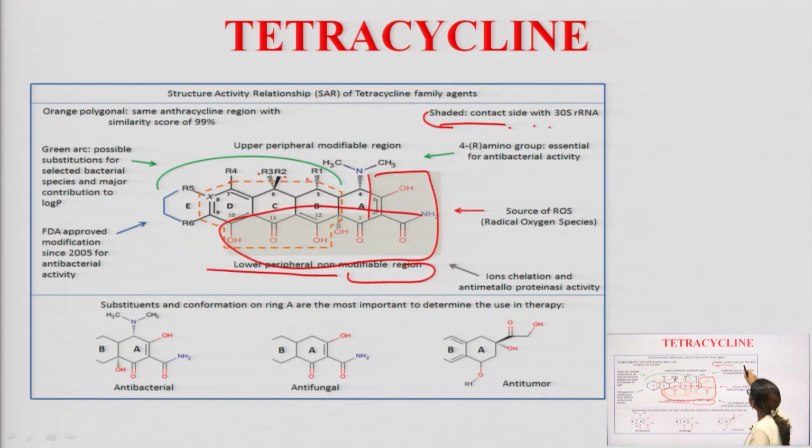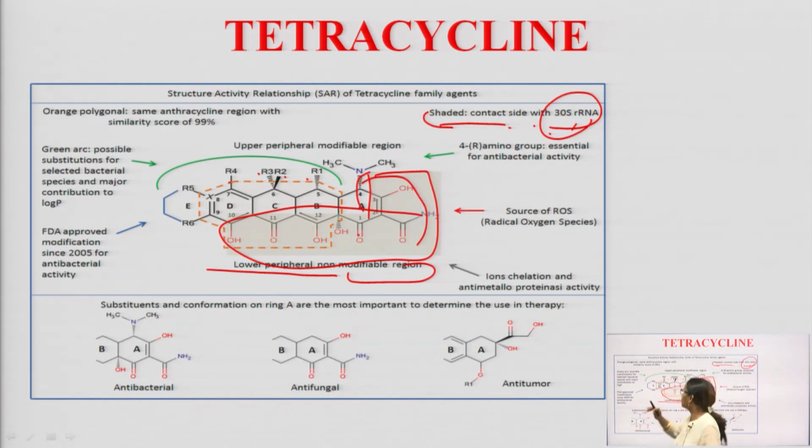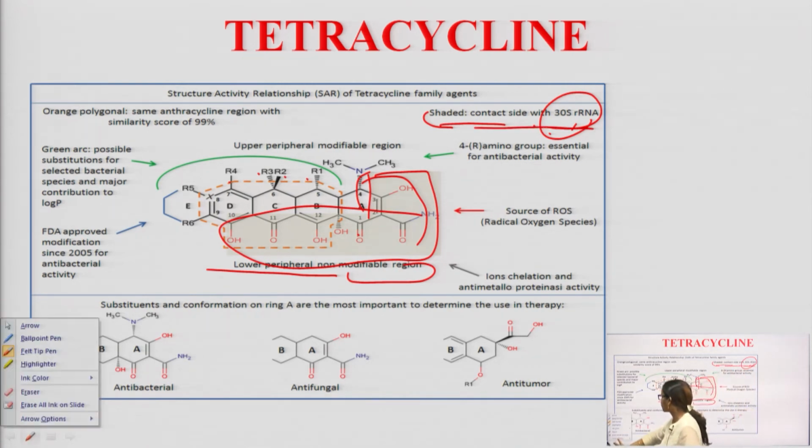It is the contact site with the 30S ribosomal RNA. You are seeing that by doing different substitutions we are changing its bioavailability, we are changing its activity, but what are the main things which are essential for the activity? These are the things, the lower portion things, alternate O, OH, ketoenol, because they bind with the 30S ribosomal subunit.